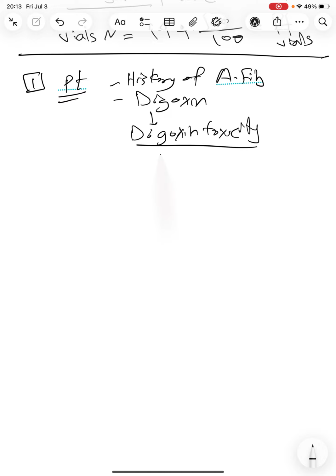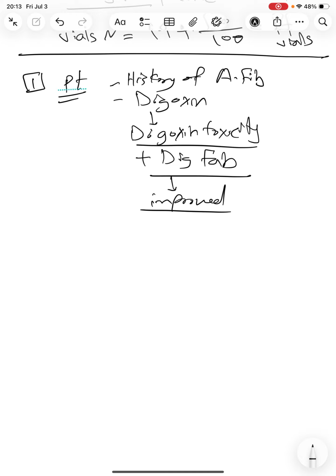After that you gave the patient Dig Fab and the patient improved. That's amazing. Potassium level improved, the patient is hemodynamically stable, everything is going in the right direction. But out of the blue, the patient started having Afib with RVR.